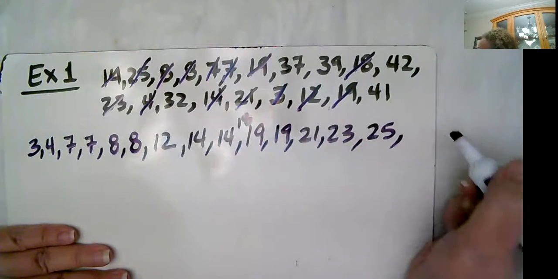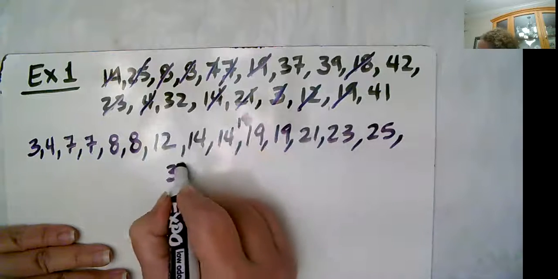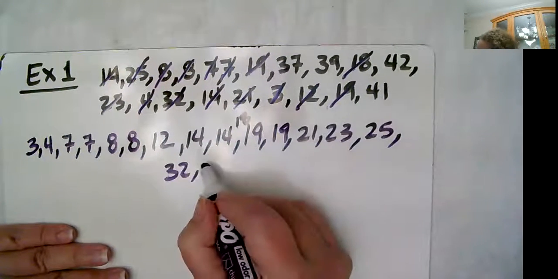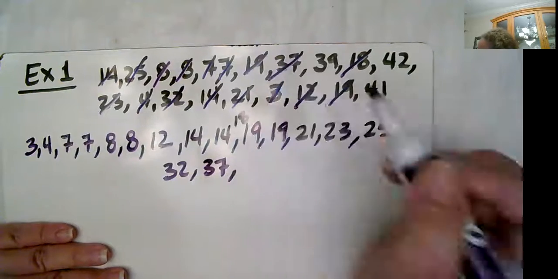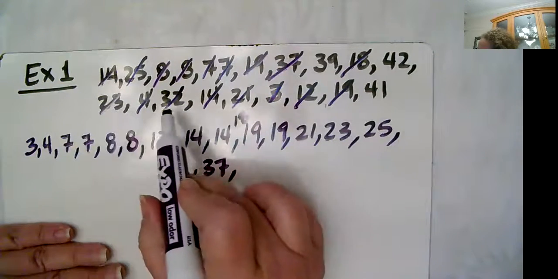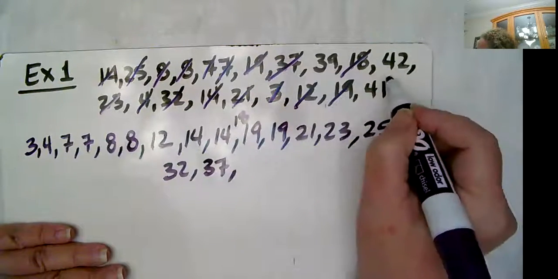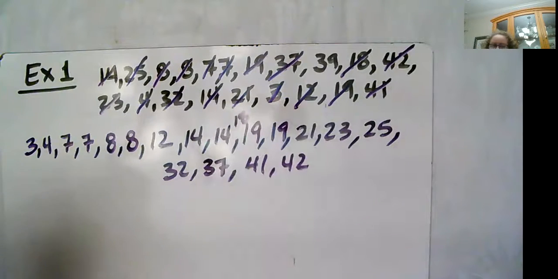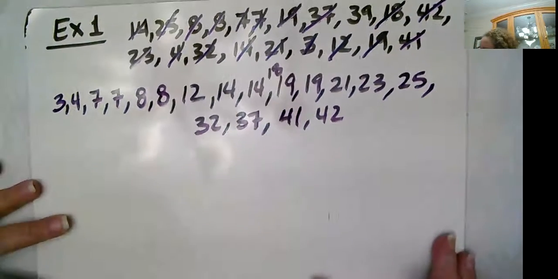Then we're in our 30s. So 32, cross that out. Then we have 37. Cross that out. Making sure we got everything. And then we have 41 and 42. Okay, so I missed the 18.